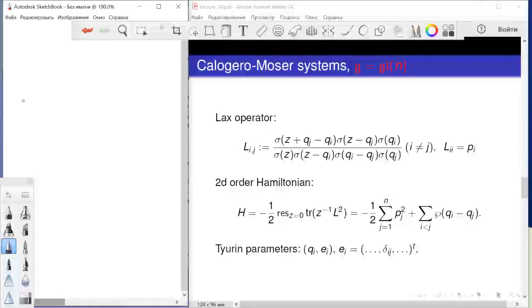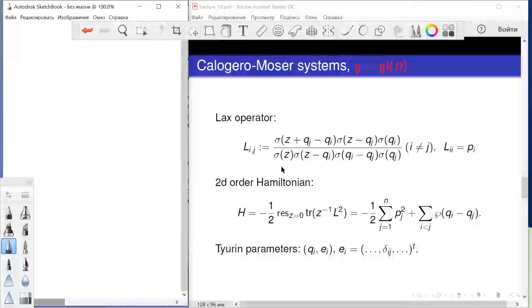I don't know actually whether to ask you to check that this is exactly the Lax operator of the form I just invented, or leave it as an exercise, because checking it here I will spend a lot of time.